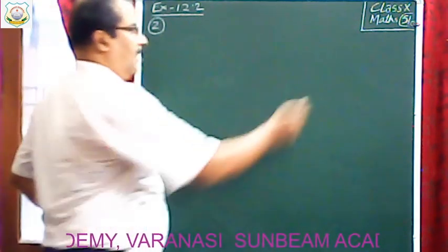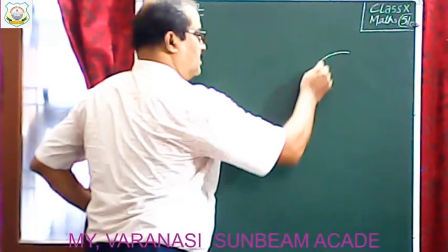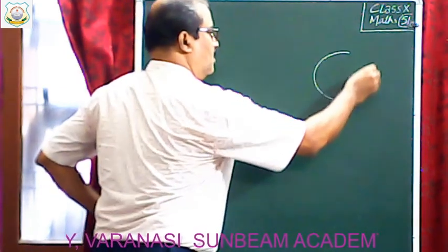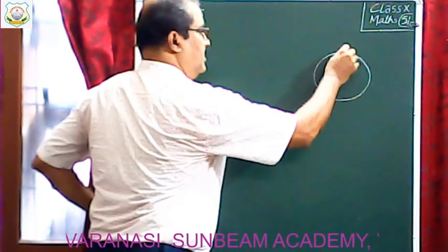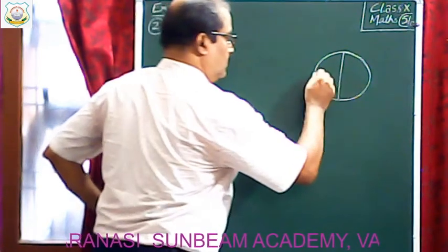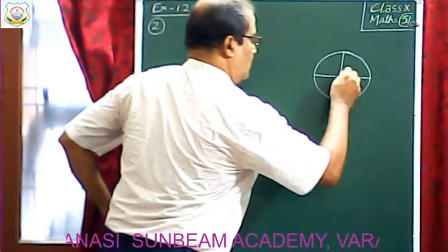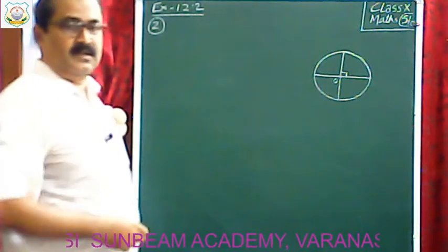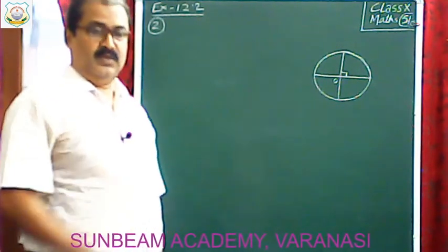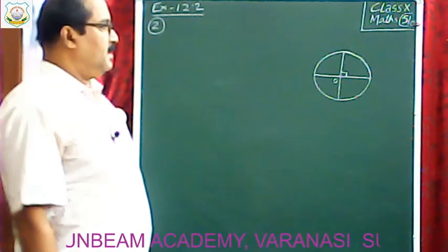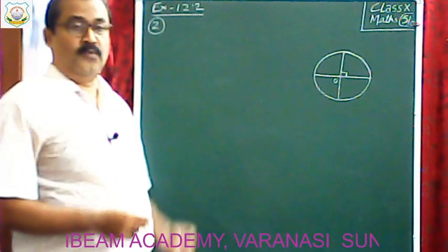You will divide a circle into 4 equal regions. Or if you draw two diameters which are perpendicular to each other, then the circle is divided into 4 regions.